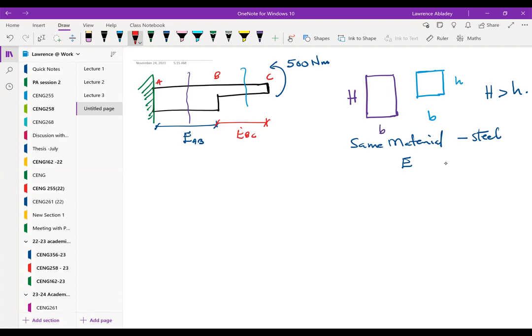If they were different, assuming AB is timber and BC is concrete, the E of AB, which is timber, will not be the same as the E of concrete. It happens. But in this case, the material is structural steel, so we're good. The E is 200 GPa for structural steel. Mostly that's what we use in our designs, and it's fine.